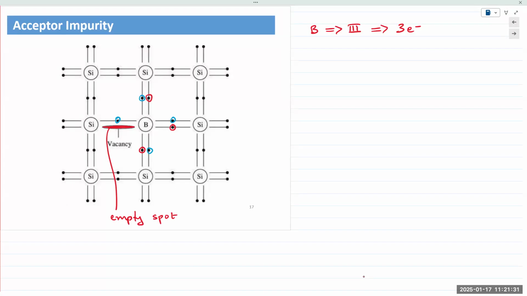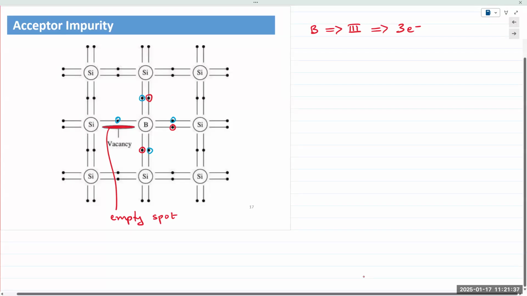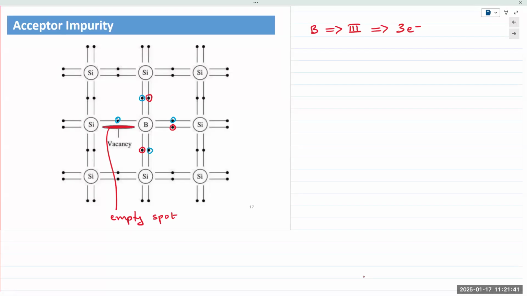And because the electrons will keep moving around and jumping around, we can say that the hole that is created is moving in the opposite direction. So column 3 elements will generate or create holes in other parts of the lattice.